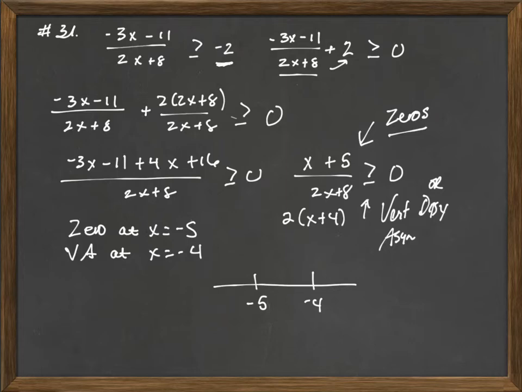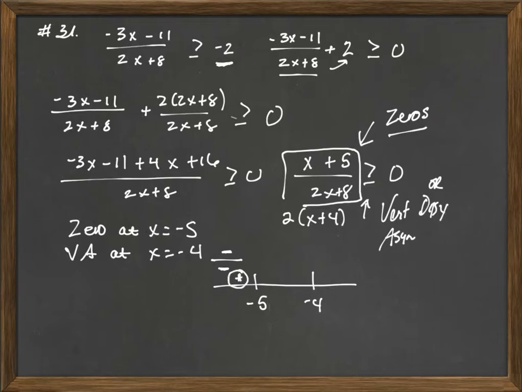But we are going to look at the reduced form here. And so we're just going to pick and go with positive and negatives again. So if I pick like a negative 10, it would be negative on the top, and that would be negative 20 plus 8, and negative on the bottom. So that's going to give me a positive right here.